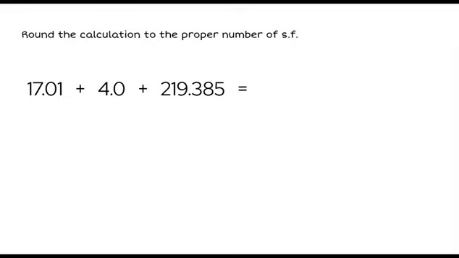In our first value, 17.01, the 1 is our final significant figure, and it is at the second decimal place, which means this value has 2 decimal places. In our second value, the 0 is significant because there's a decimal point shown, and this value has 1 decimal place.